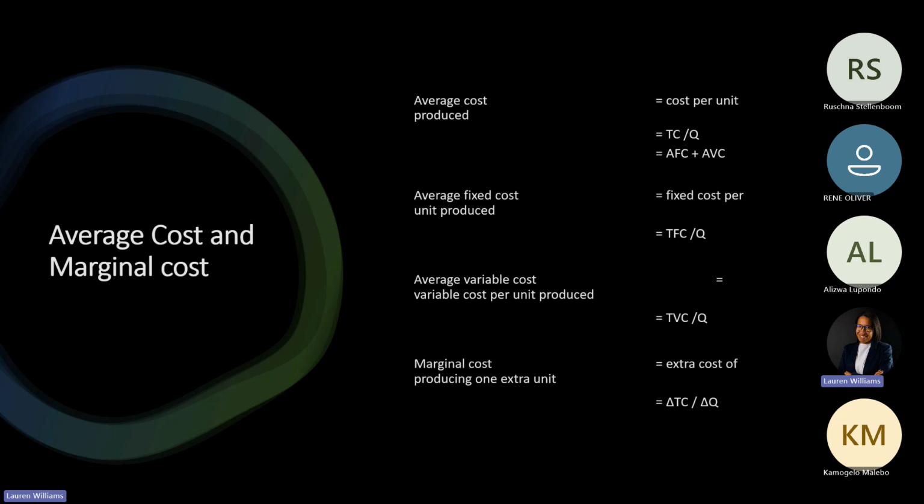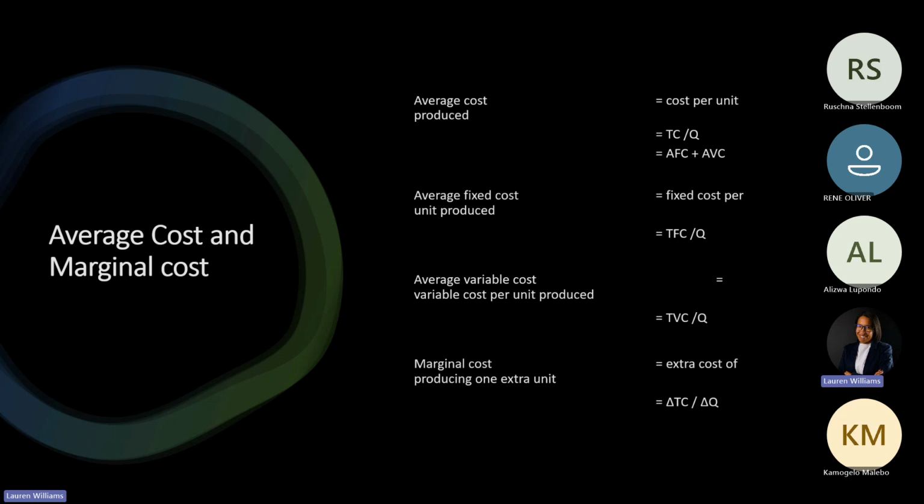Then we get to our marginal cost as well as our average cost. So we're saying in terms of our average product, we want to know how much product on average your laborers are producing, depending on the number of laborers that you have. But we also want to know in terms of the costing side of it, on average, how much is the costing of production based on how many laborers you have.